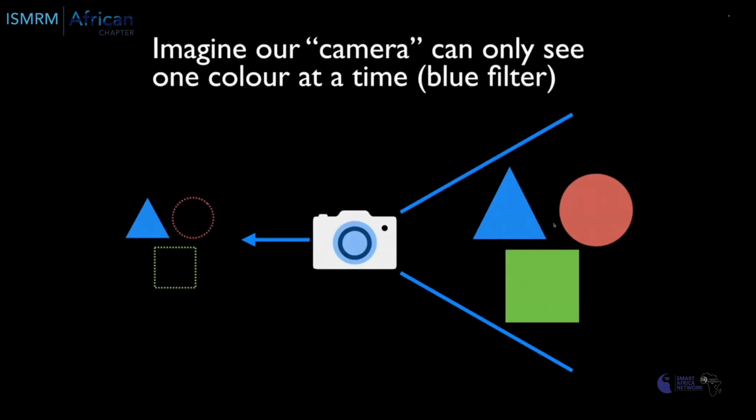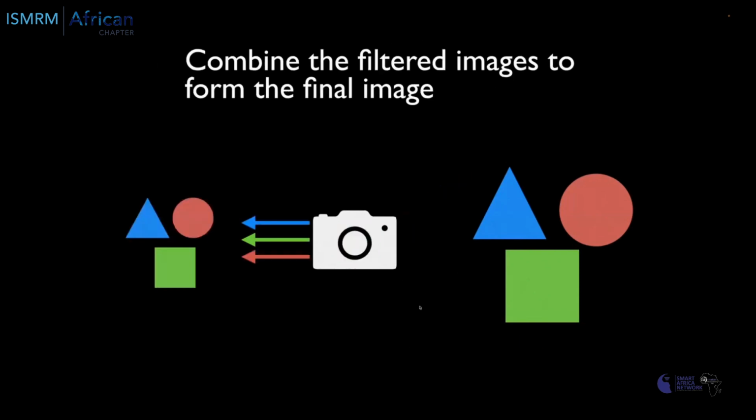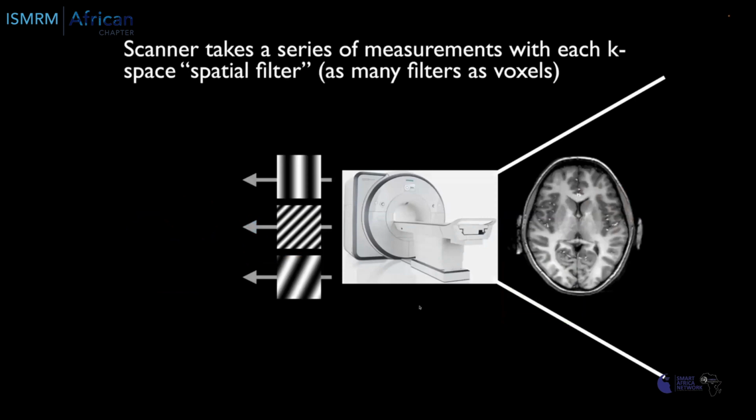So imagine we have this scene now, and we put the blue filter on, and we acquire the blue portion of our image, and then we put the red filter on and get the red portion of our image, and the green filter on and get the green portion of our image, and then we stitch them all together, right, to get the final image. But the final image is a composite of all of these features associated with colors in this case. In the case of MRI, it's very analogous, but instead of color features, we're talking about spatial filter features, or these wave-like features, these sinusoidal patterns.